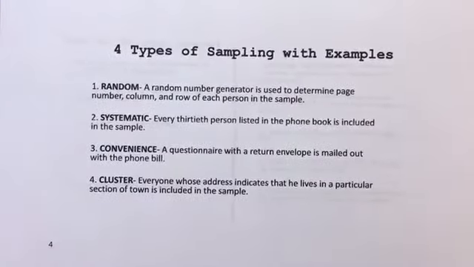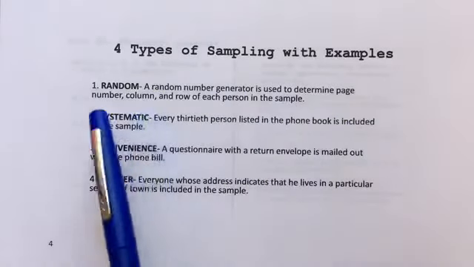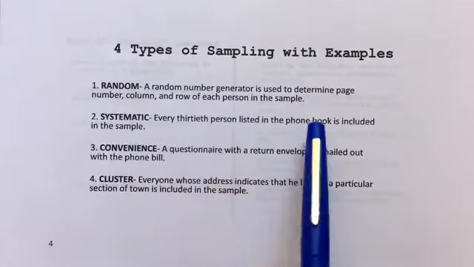When we are sampling, so let's say we want to gather data, we can do it randomly. So an example of that would be a random number generator used to determine page number, column, row of each person in the sample.